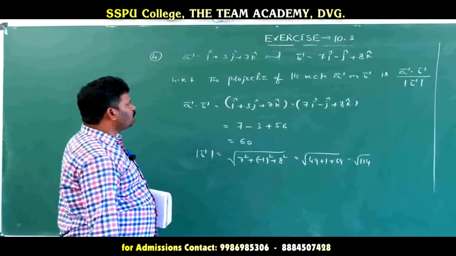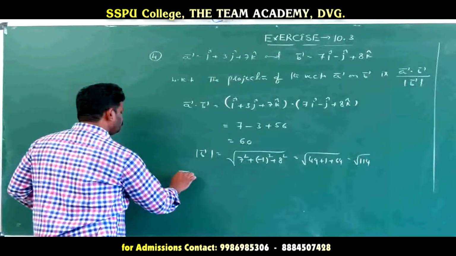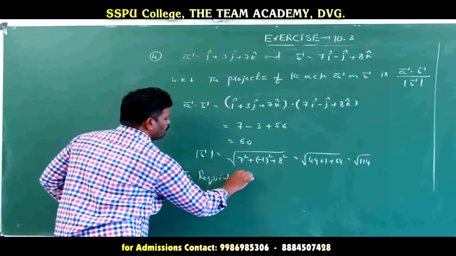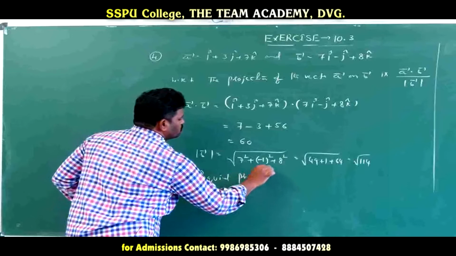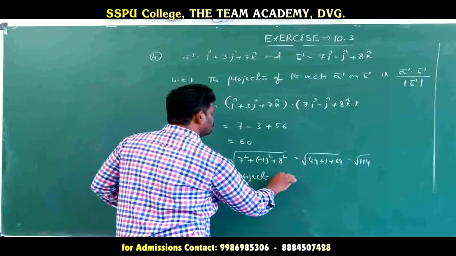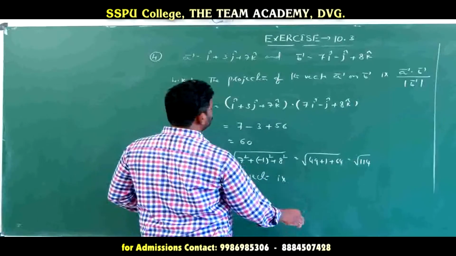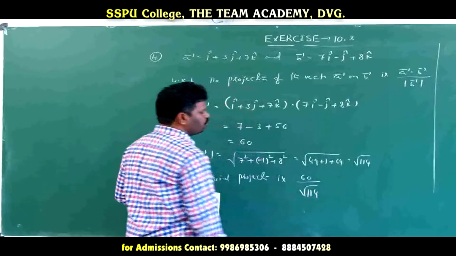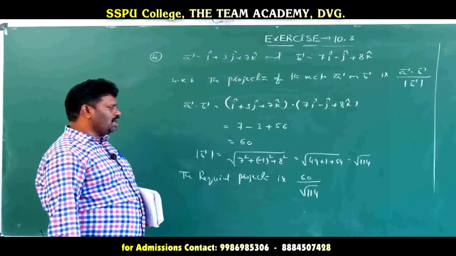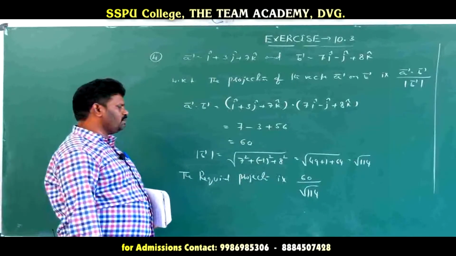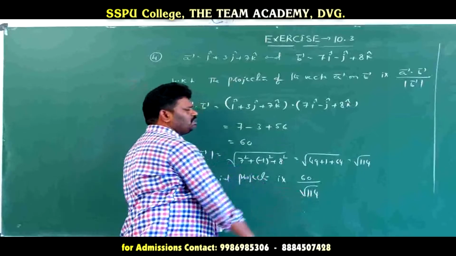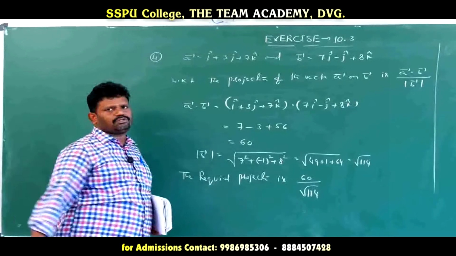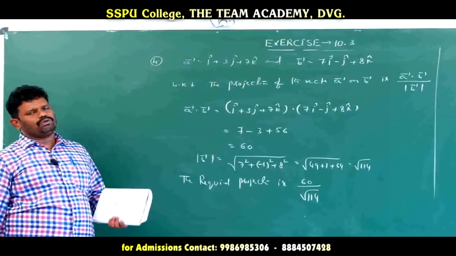Therefore the required projection is a bar dot b bar, 60, by square root of 114. Otherwise, if you want to simplify, that is the projection of the given vector: 60 by root 114.